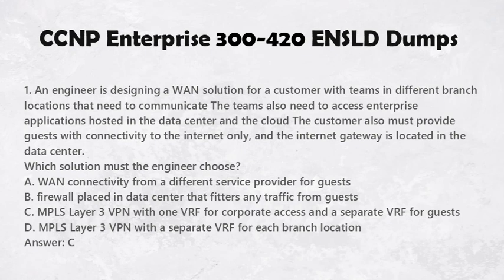A. WAN connectivity from a different service provider for guests. B. Firewall placed in data center that filters any traffic from guests. C. MPLS Layer 3 VPN with one VRF for corporate access and a separate VRF for guests. D. MPLS Layer 3 VPN with a separate VRF for each branch location. Answer: C.